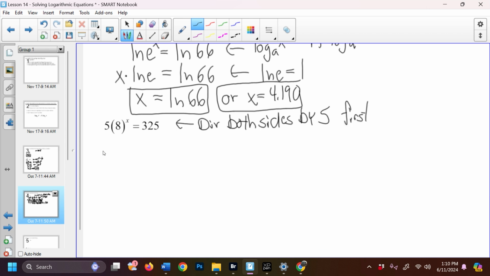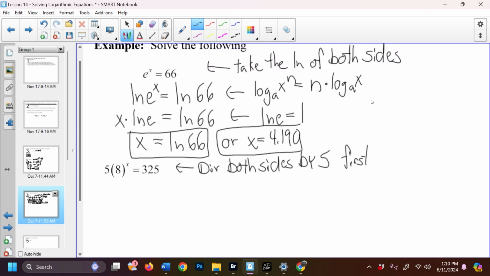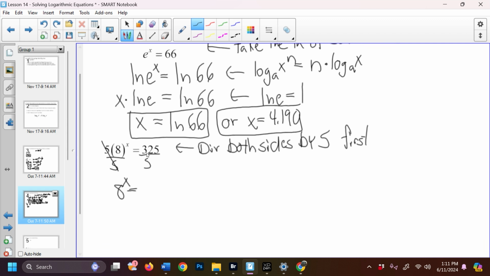And I do that so that I can use that property of logarithms right here. When you bring that value down, the exponential has to be by itself. I'm going to divide both sides by 5. Those cancel. 8 to the x. And it turns out that when you divide 325 by 5, you are left with 65.